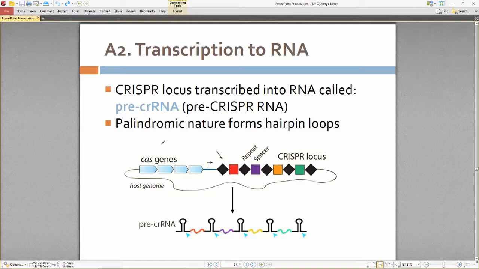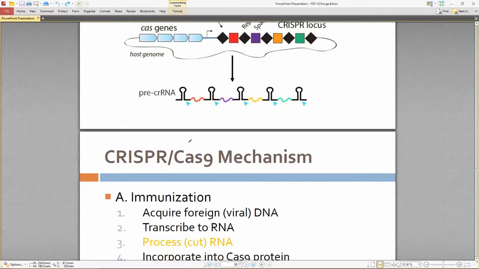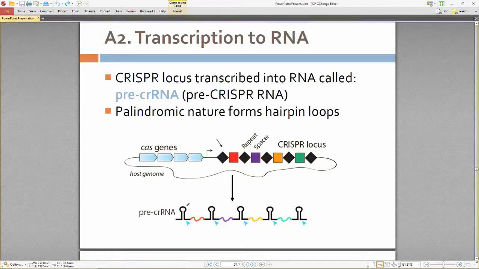The palindromic nature of sequences forms these hairpin loops because of the attraction between the nucleotides on two sections of the RNA here. And these hairpin loops are pretty important because they are basically a physical separation between these spacers. Because these spacers are not identical, but these repeats are.